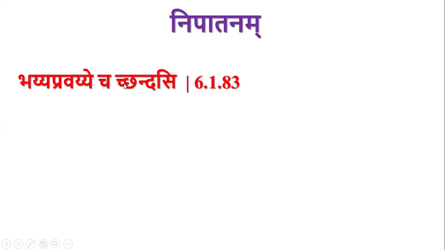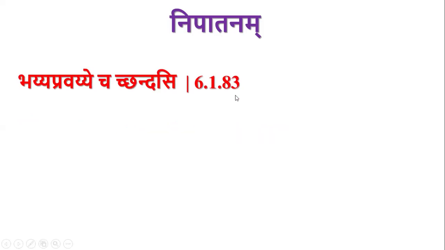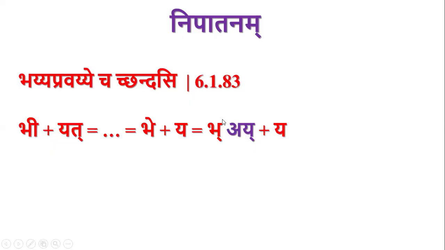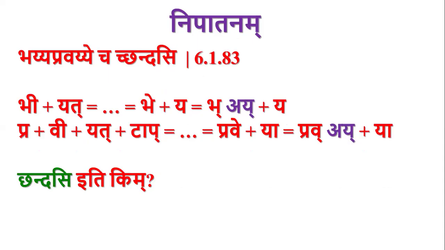So this chakara is from checha. Bhaya is derived from the bhi dhatu. Here bhe plus a: at this stage, this ayadesha is nipatyate. Similarly, in the derivation of pravaya, prave plus ya, here also ayadesha. In all the cases, as I told before, it is ayadesha which is nipatyate.